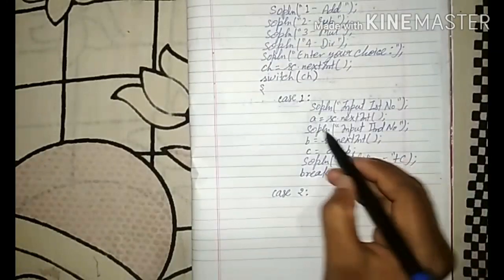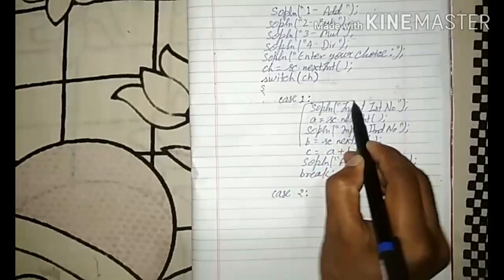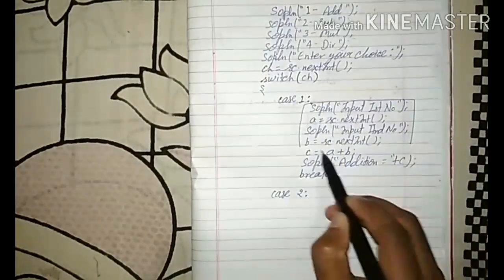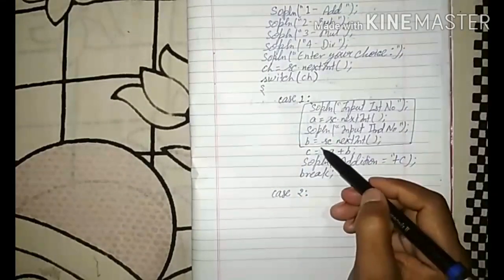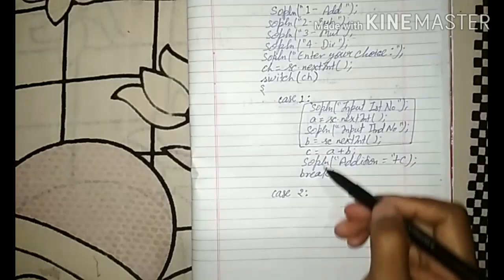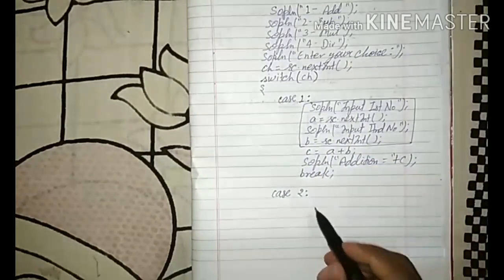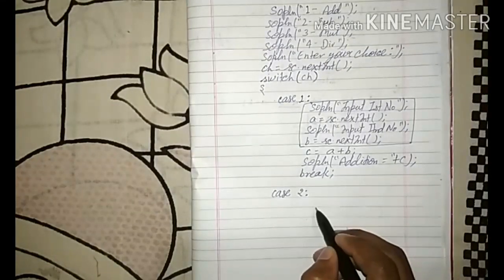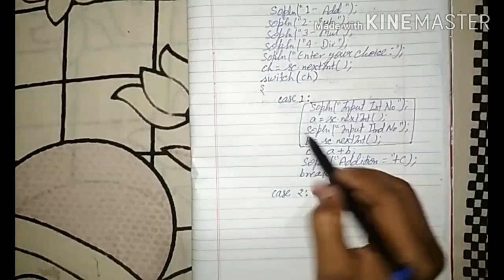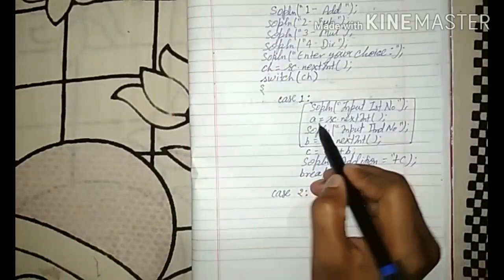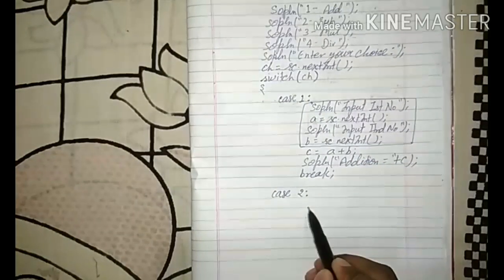That's why these statements, it means the input of A and input of B, we have to write these 4 statements in this case again. Okay, I think you are getting this point.